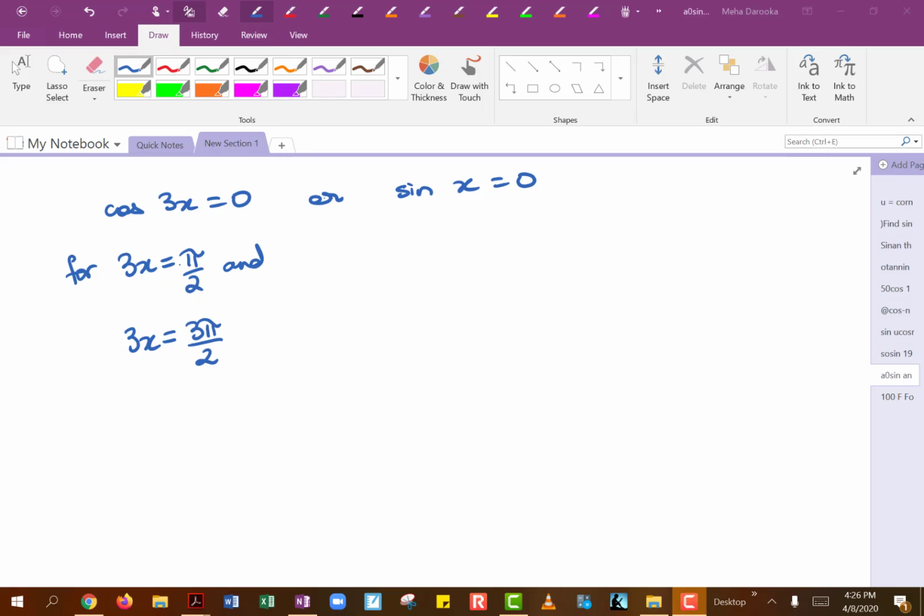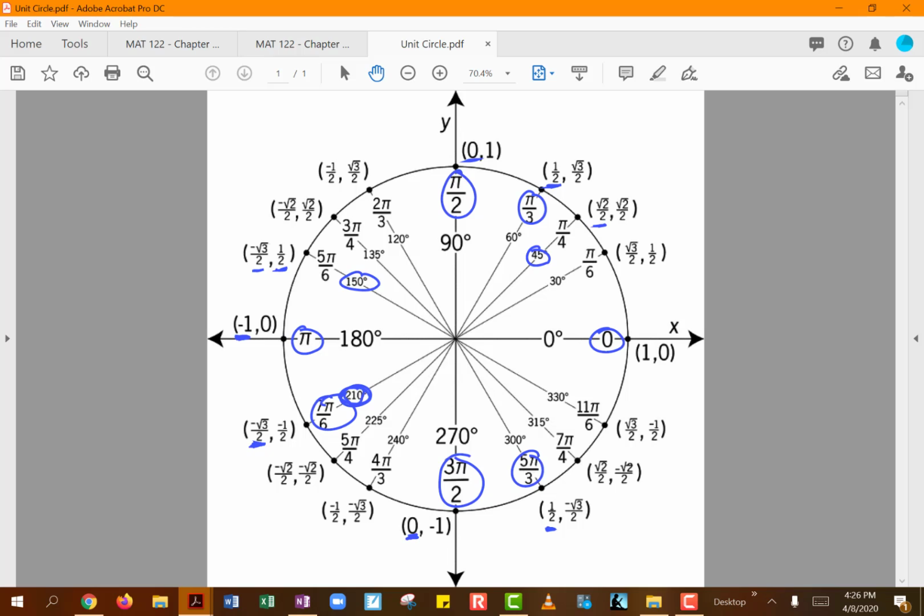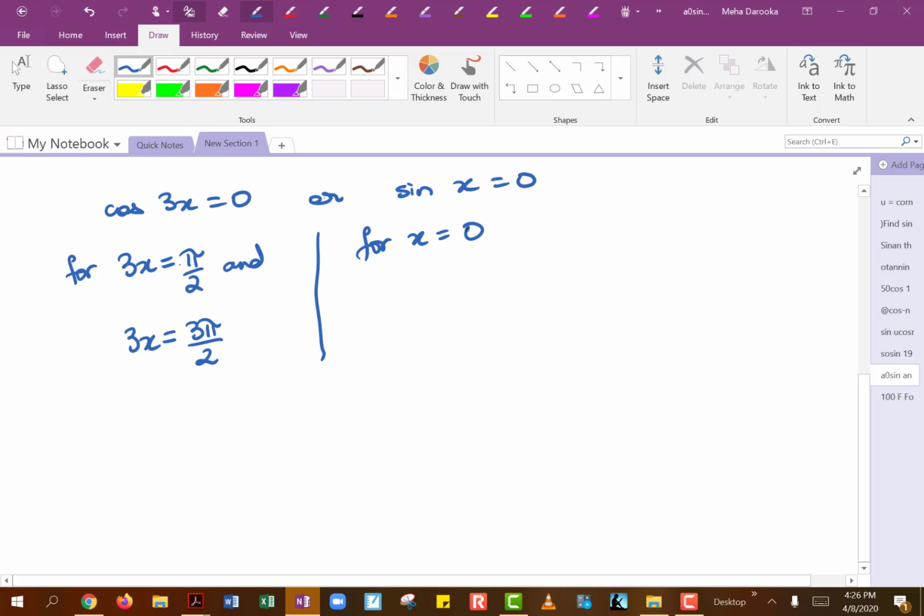We'll do the same kind of thing for our sine function. We have to find for which values of x our sine function is equal to 0, and of course sine is equal to 0 at angle 0 and at angle pi. So for this one, x will be 0 and x will be pi.